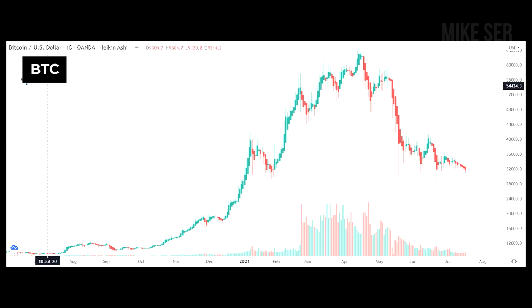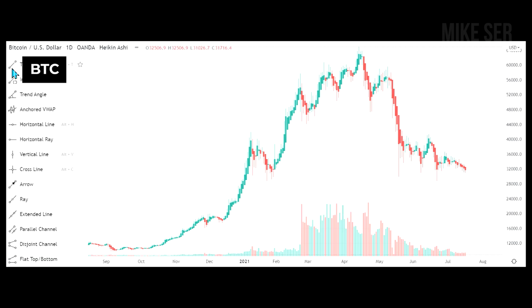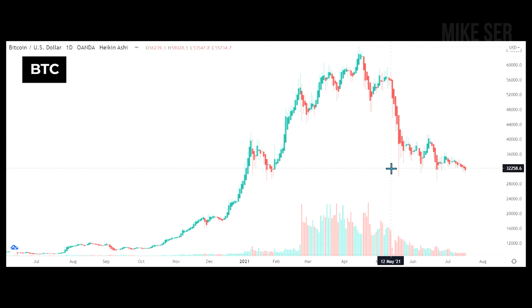And again, let's utilize some trend lines here to see where we're at. You can see clearly that there is a support line right here. So if Bitcoin does break around 30,000, 31,000, again, it could plummet further.